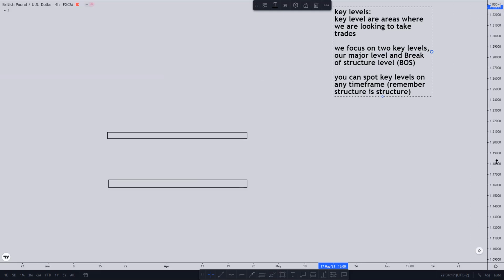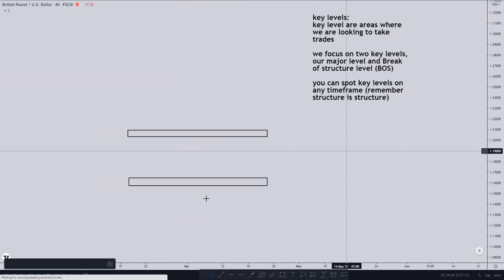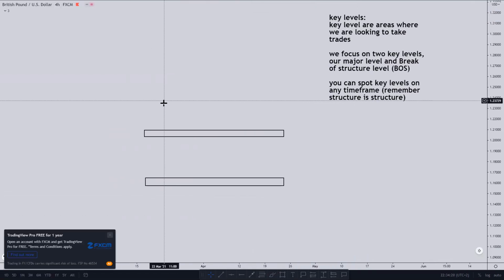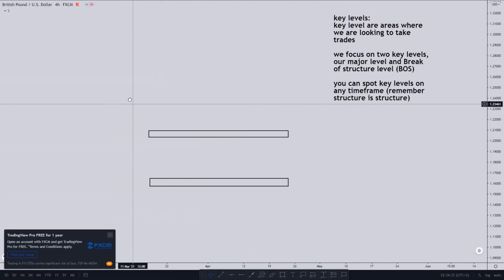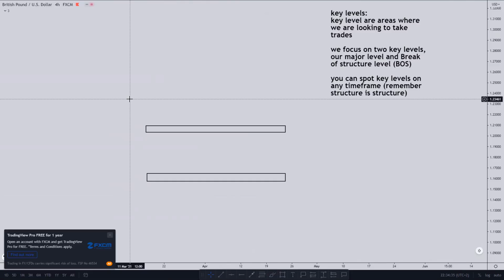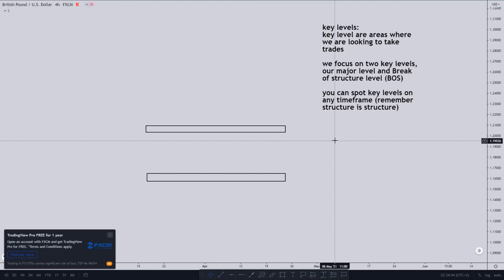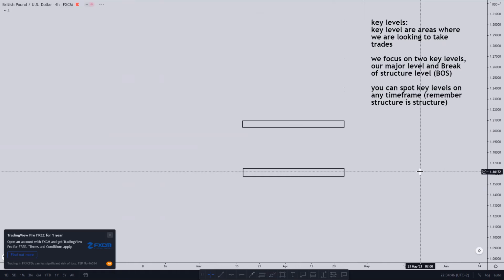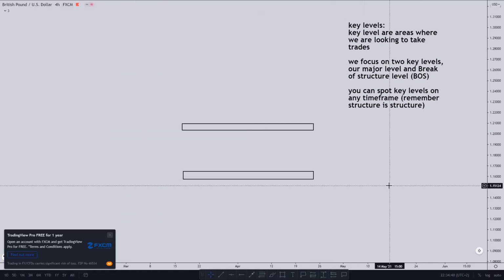So there's no specific time frame to look for key levels; depending on which style you trade, that's up to you. Because remember, structure is structure, right? If you see a higher high on the 1 minute, the key levels on the 1 minute are going to be valid. That's something to keep in mind. Structure is structure.